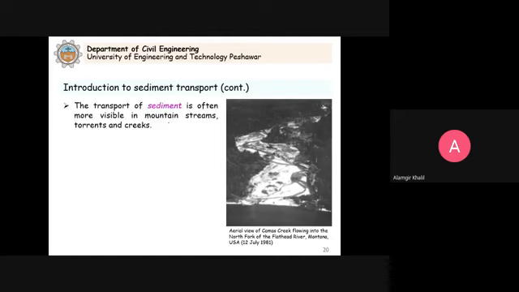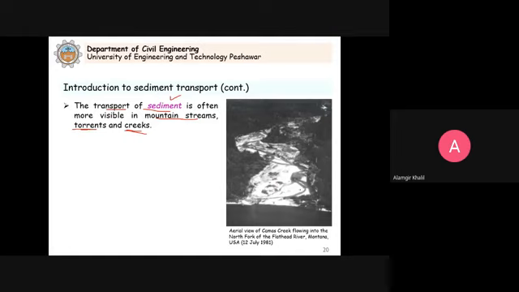You can see here that the transport of sediment is often more visible in mountain streams, torrents, and creeks. Torrents, what we call tufan. So in mountain streams, torrents, and creeks, sediment transport is more visible. You can see here, for example, this picture.